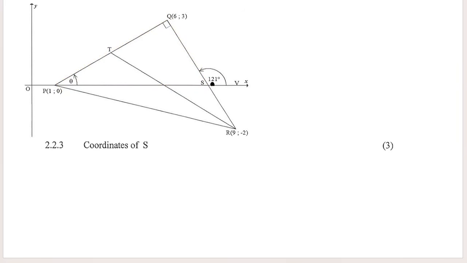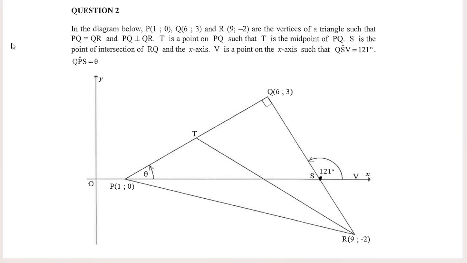Our next question wants the coordinates of S. Now remember from what we read above, this is why this paragraph is so important. Just to repeat, it says S is the point of intersection of RQ, so straight line RQ, here you can see RQ, and the x-axis. In other words, it's the x-intercept of RQ.